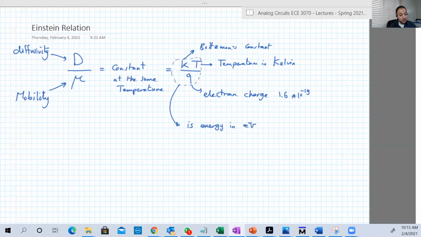Okay, guys. So that's it for the currents inside the semiconductor. Now we are ready to introduce to you the first device that we're going to use in our circuits, which is a diode.